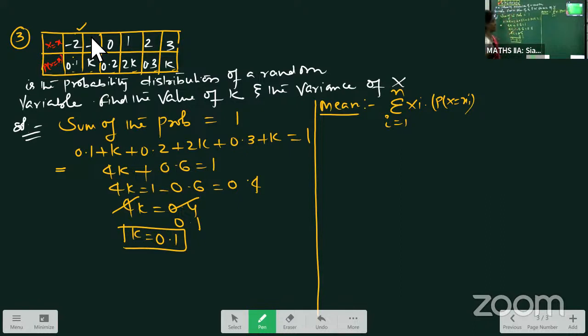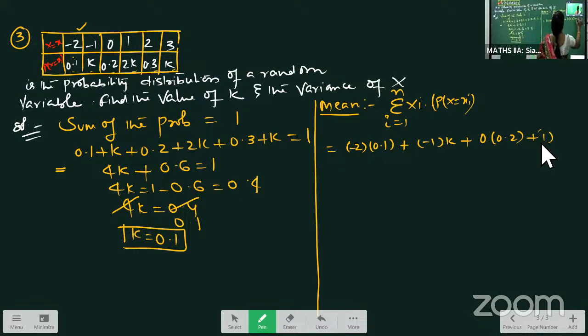See, now I am writing this here. So this is minus 2 into 0.1 plus minus 1 into k plus 0 into 0.2 plus 1 into 2k plus 2 into 0.3 plus 3 into k.